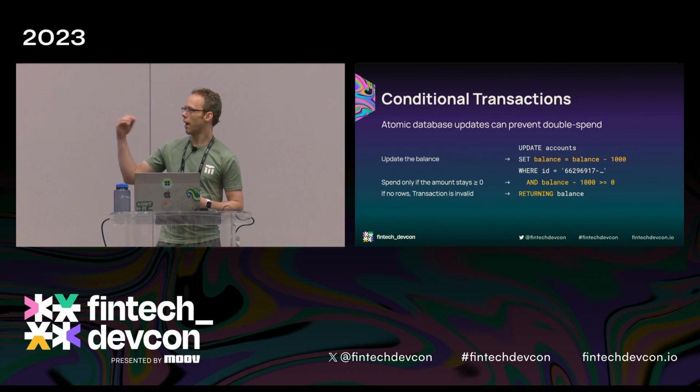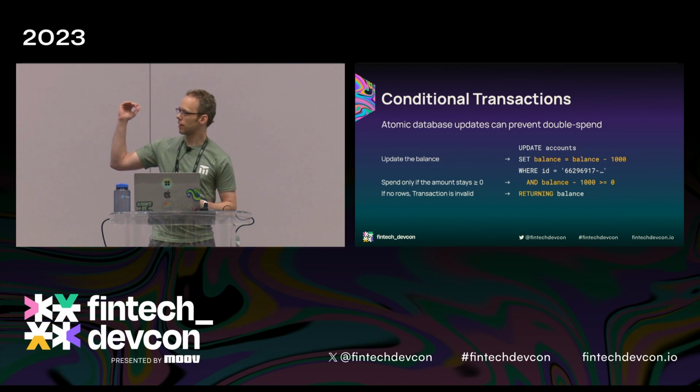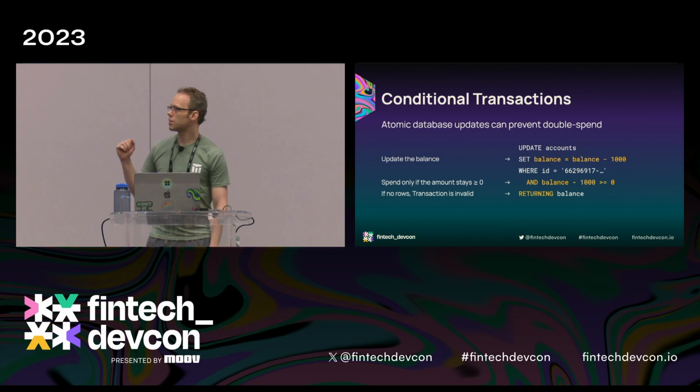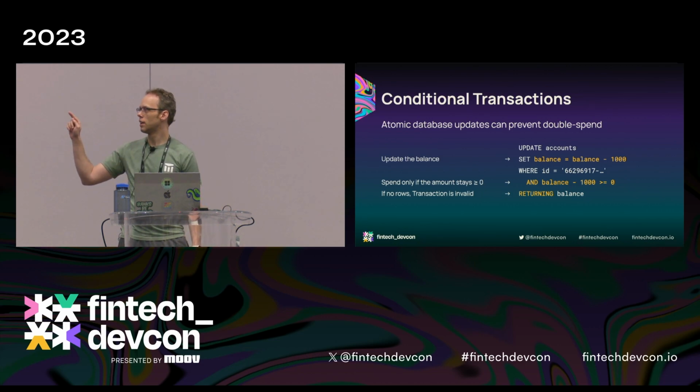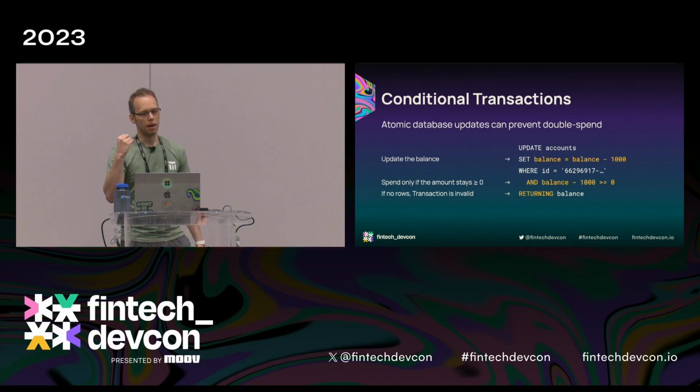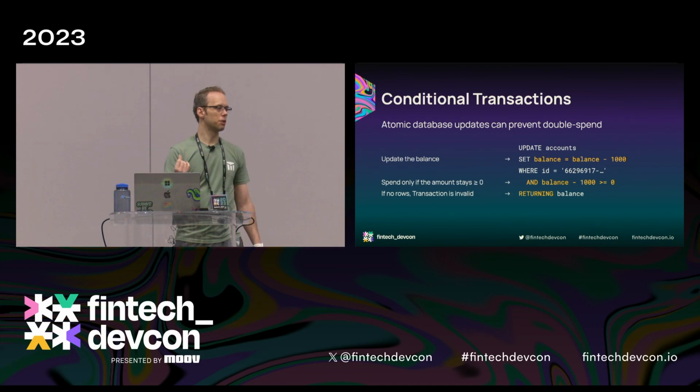As we update the balance on an account, we can also use a where condition in SQL and check the resulting balance. In this example, a user is spending $10 denoted in cents, so 1,000 cents. We update their balance to their current balance minus 1,000, and we specify that the balance minus 1,000 is greater than or equal to 0.